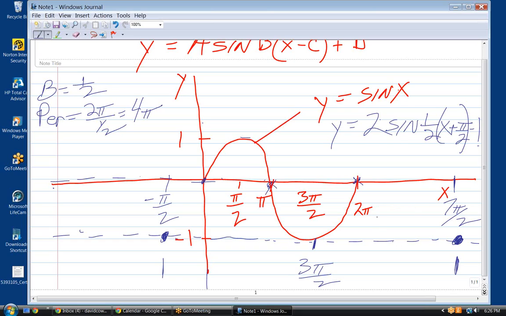And this point right here, this is where I need to add them together and divide by 2. So by adding 3 pi over 2 to 7 pi over 2, I get 10 pi over 2, which is 5 pi divided by 2. This has to be 5 pi over 2. Okay. And this has to be pi over 2.